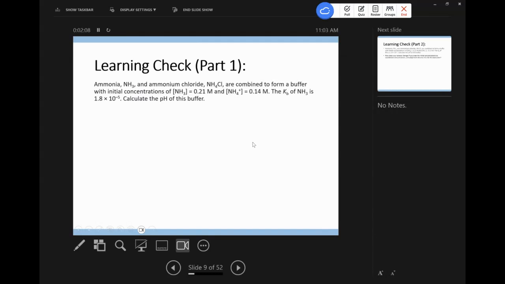One important part is NH3 and NH4Cl. Well, NH3, we're given the Kb of NH3. Oh, maybe it'll work now. Awesome. Okay, I spoke too soon. There we go.